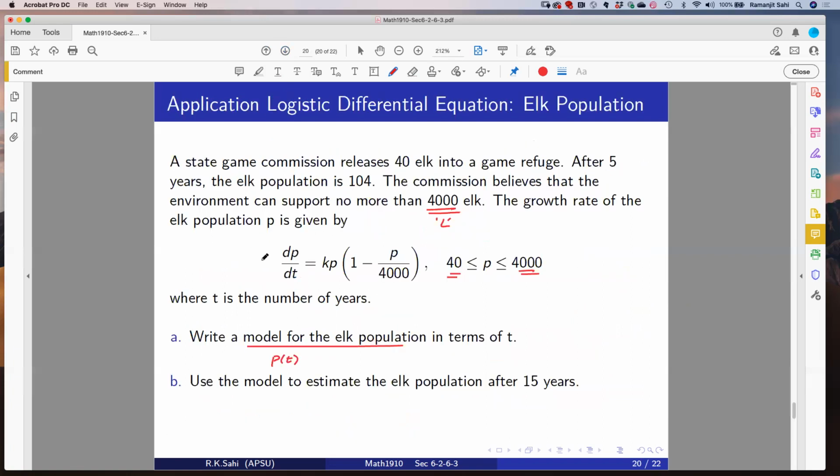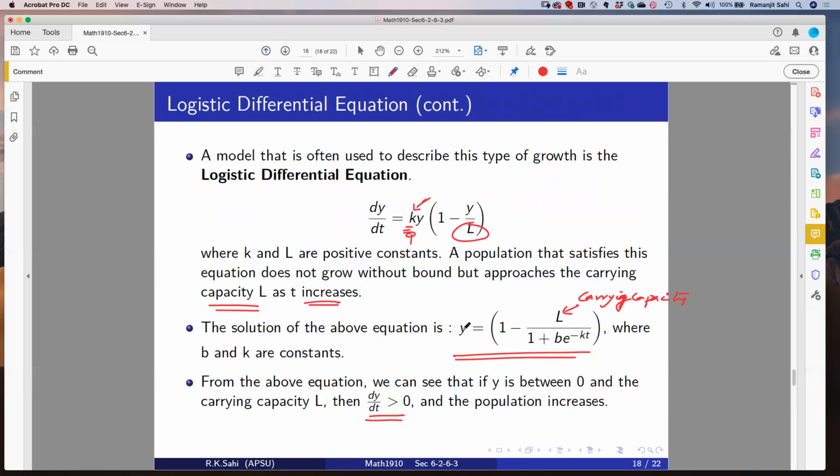So let's write it down first. What we know from our previous 2 slides is that P of T is given by L over, let me see if I've written it correctly. No, this is not right. That's the solution, L over 1 plus B e to the power minus KT. My fault, guys. I just want to make sure that this is written correctly, and I'll also correct it in my notes, which I have already posted for you guys.